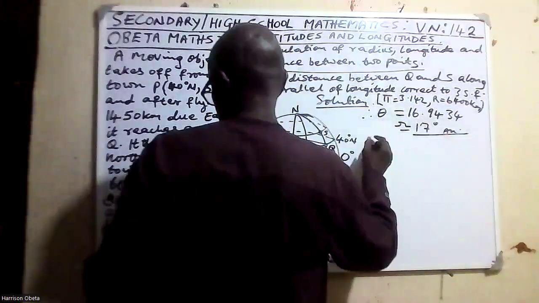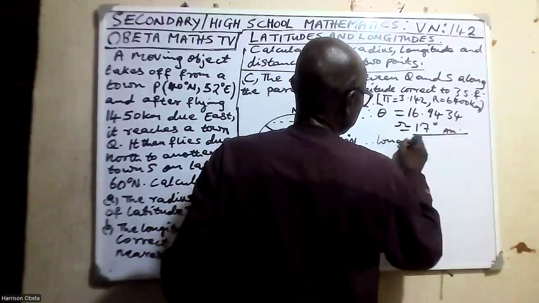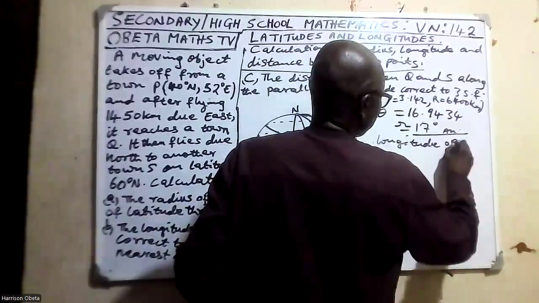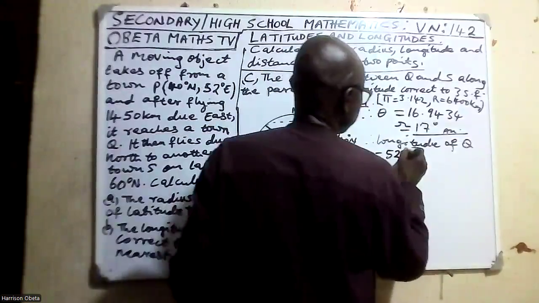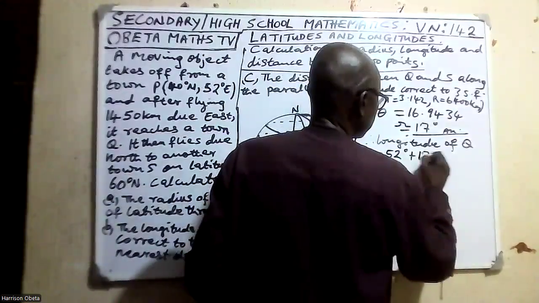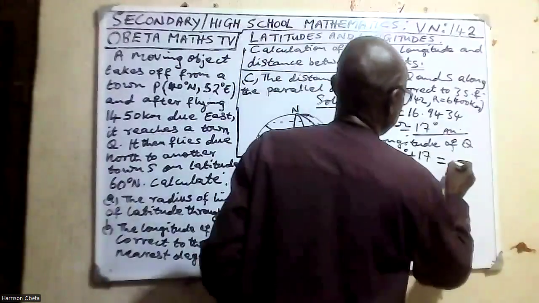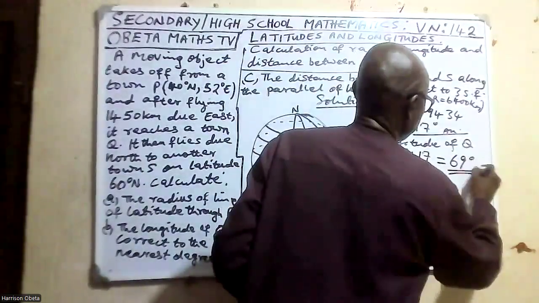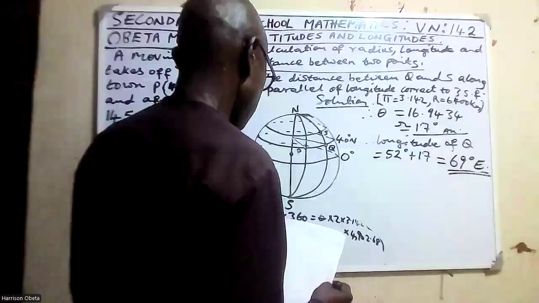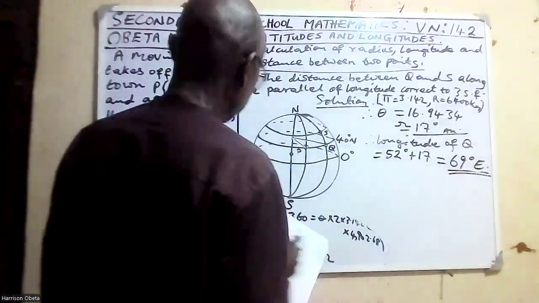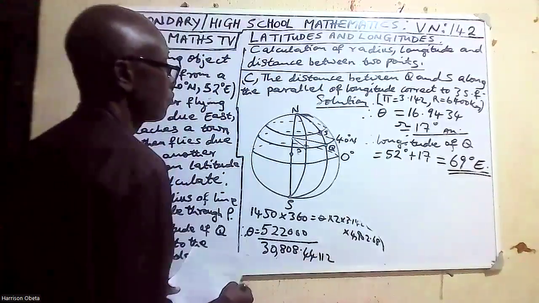So longitude of Q is equal to 52 degrees plus 17 degrees, and that will give us 69 degrees east. That should be the longitude of Q.